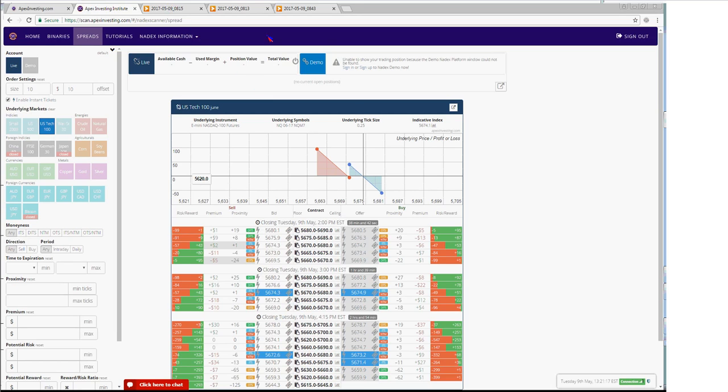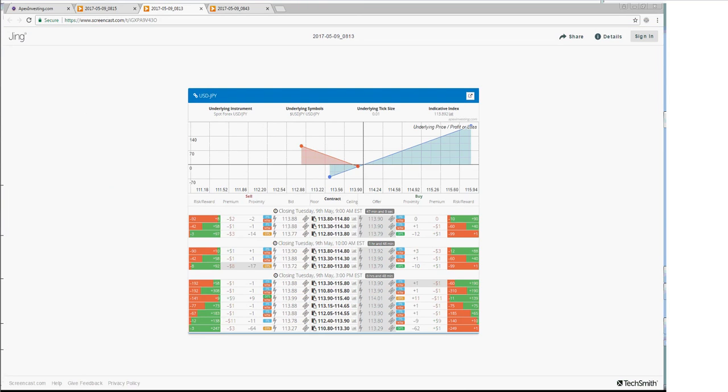Then I was showing on the US yen that it being so big really was going to take a large movement before he could make any money. But he could make money in both directions, which is cool, but it was really going to have to move for him to make some cash. So I probably would have been more inclined to go with a shorter expiration that I could get a better risk reward on, if possible.